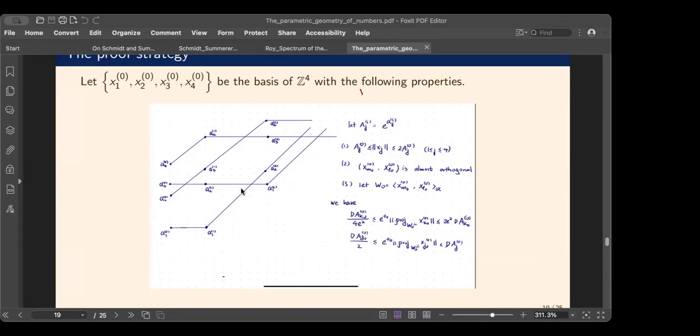One is the norm condition, and two is we need the vectors with respect to AM0 and AL0 to be almost orthogonal. Then these 2 vectors will form a 2-dimensional subspace in R4, and here W0 is considered as the base space.